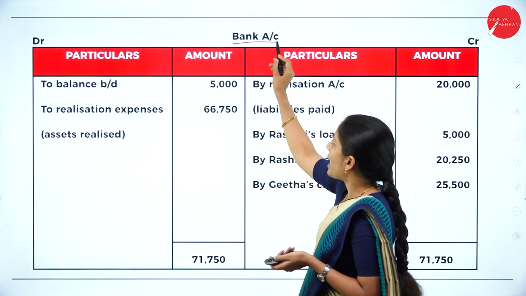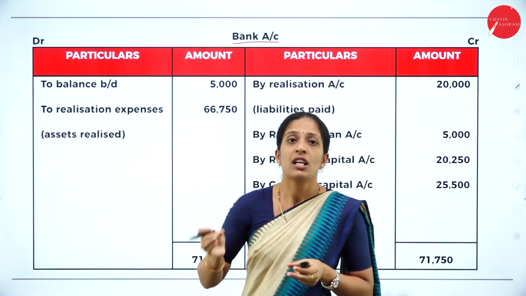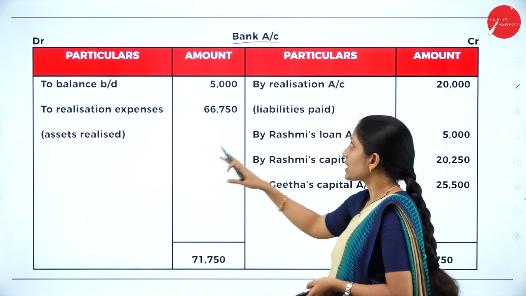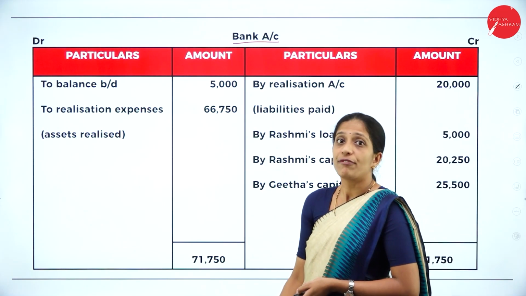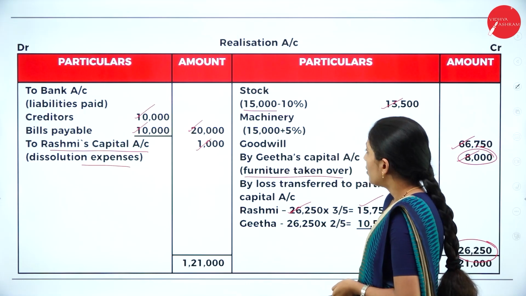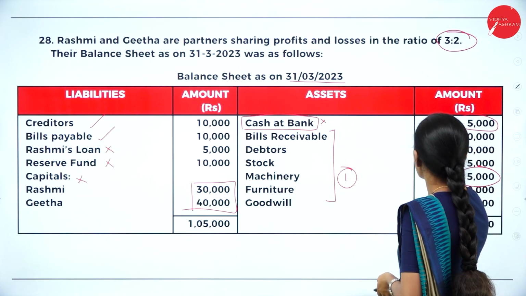Next, we shall prepare the bank account. Once you are clear with your realization account and partners capital account, your bank account is actually very easy. So, your format is particulars, amount, particulars and amount, debit and credit side. Now, you will first bring down the balance to balance brought down. If you see the balance sheet, cash at bank, how much is it? 5,000.